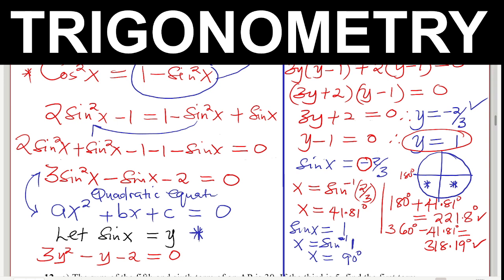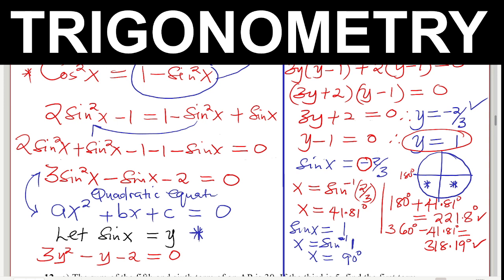When you get the sine of 90 degrees, you get 1. As simple as that. For that, we don't have any other angle, because 1 is just positive. The only angle that gives the sine as 1 is 90 degrees.